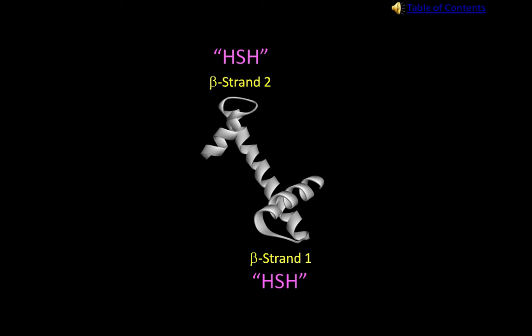Since I know of no standard names for these particular strands, I simply call them beta strand 1 and beta strand 2. As you can see, I have arbitrarily assigned the numbering beta strand 1 to the loop closest to helix 1. By default, then, the other beta strand shall be numbered beta strand 2 in the slides to come.